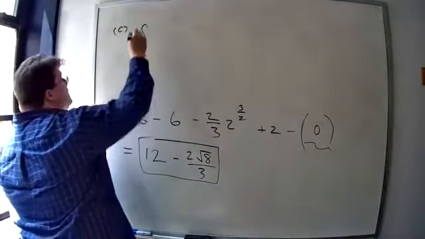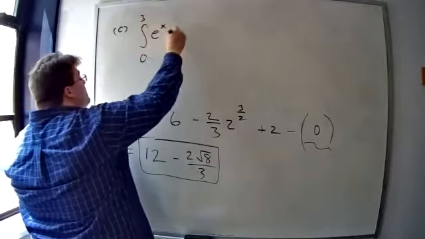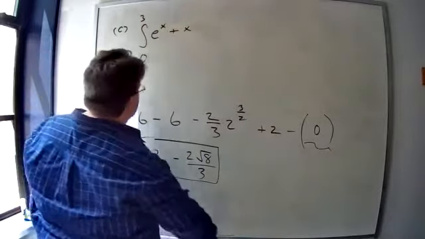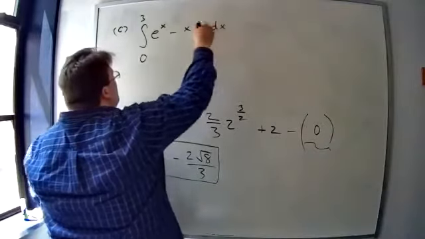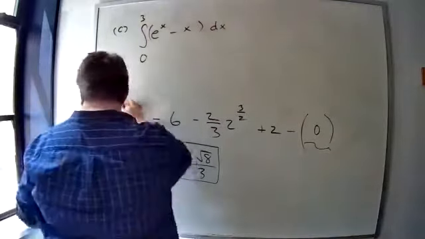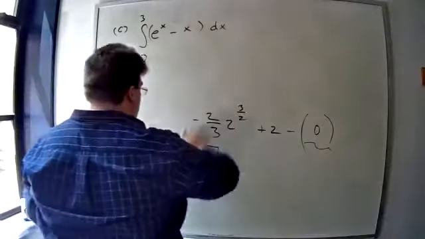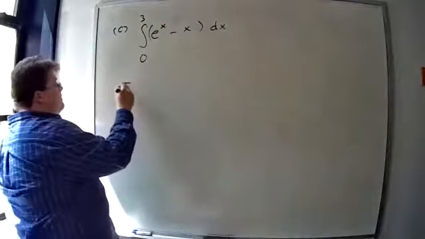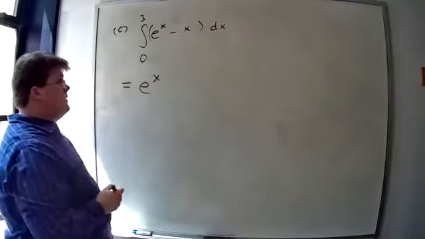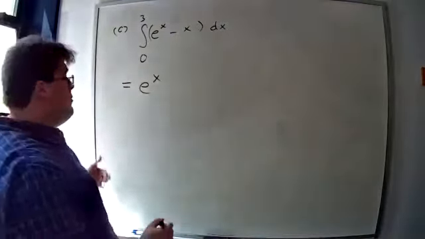Part C, integral from 0 to 3 of e to the x minus x. So here we need a function whose derivative is e to the x. Well, the derivative of e to the x is e to the x. For the next piece, we have a power rule.